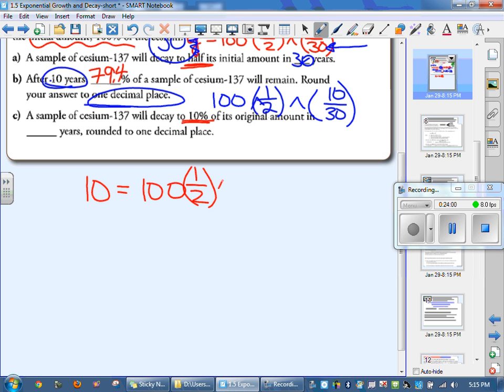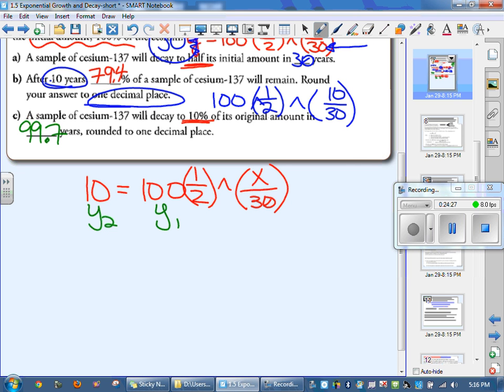We can solve it algebraically, or I can put my equation into Y1, my 10 into Y2, and do an intersect. And sometimes that's easier. When you do that, you're going to find that you get 99.7. It's going to take almost 100 years for that element to reduce down to 10% of the starting amount. Okay, let's take a look at the next type of examples.